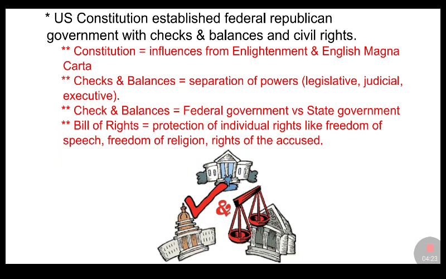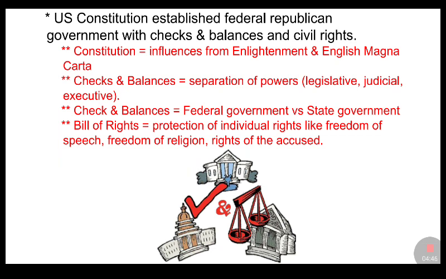Because we have a constitutional republic. We haven't had a republic since the Romans, 2,000 years earlier. So now the United States creates a constitution. And in that constitution, we see those Enlightenment ideas. They're not just theories anymore. They're actually put into law, right?